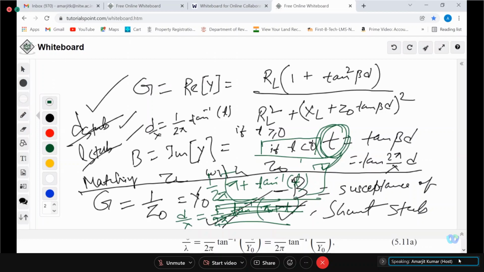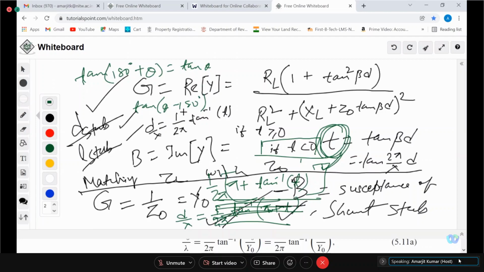If t is negative, then it is equal to pi plus tan inverse t, right? What is tan? 180 degree plus theta. It is tan theta. What is tan theta minus 180 degree?